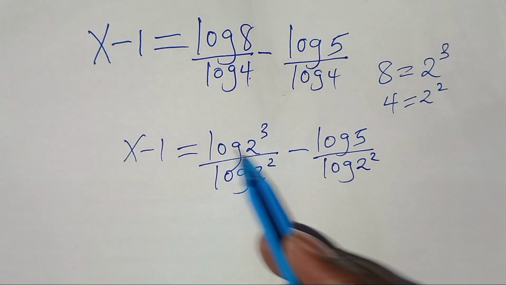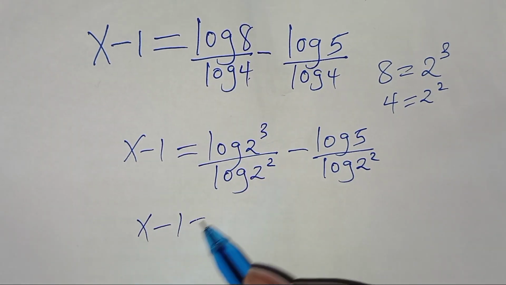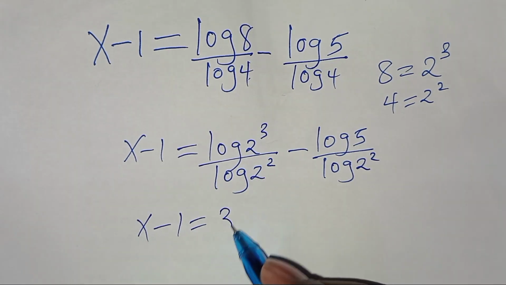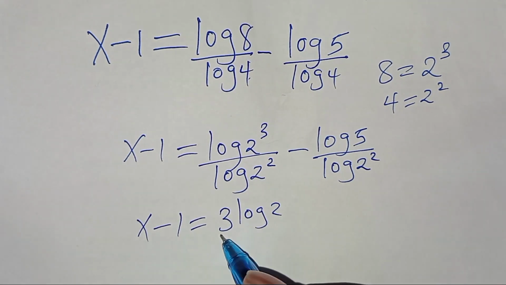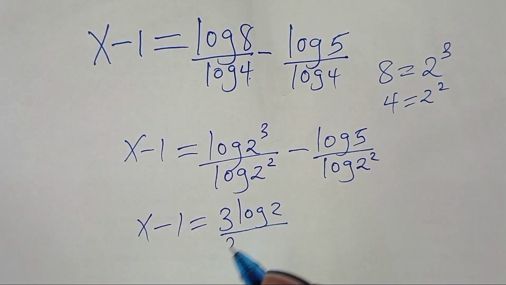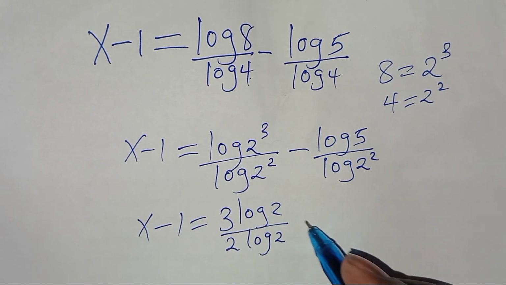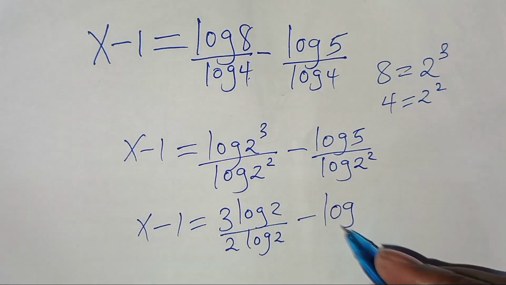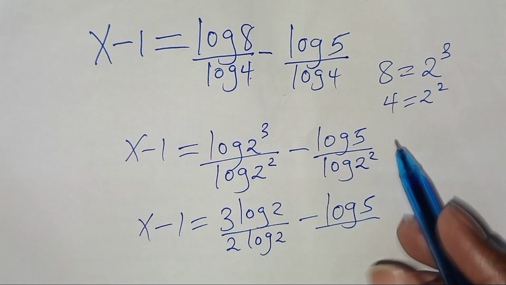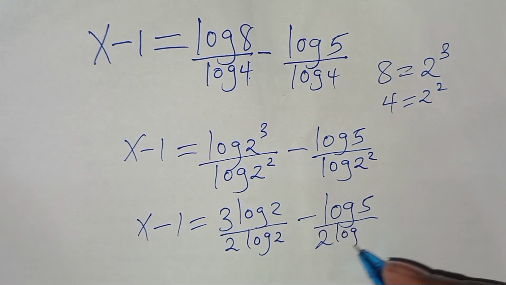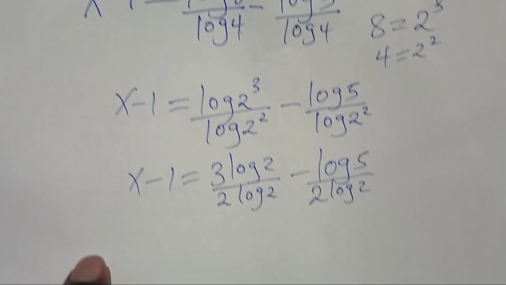Now, applying the power rule property, we find that log 2 to the power of 3 becomes 3 log 2, divided by log 2 to the power of 2, which is 2 log 2, subtract log 5 divided by 2 log 2. Now let's simplify here.